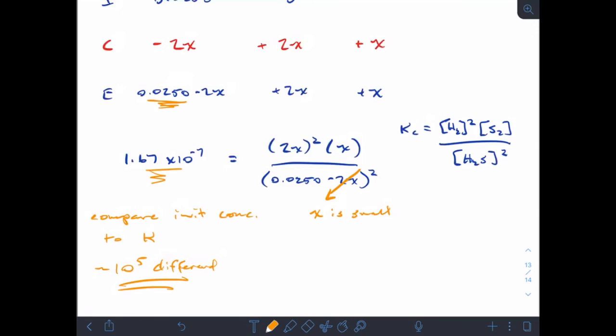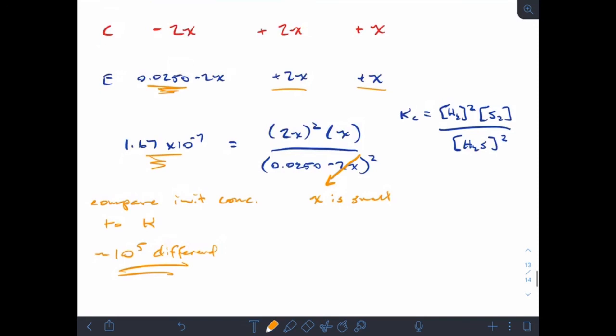I leave the other two, the H2 and the S2, because I'm coming from 0. Any change from 0 will be significant. In this case, changing from 0.025, that change will be insignificant.